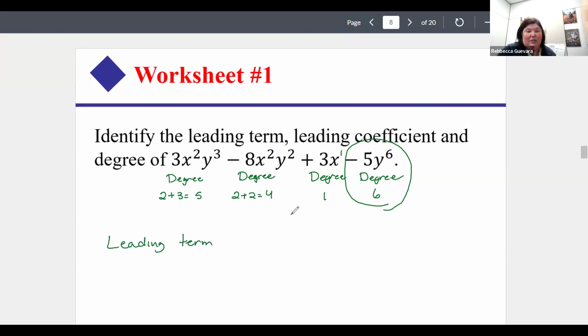So when you write that leading term, if it's positive, then we really use it as a positive. If it's subtraction like this, we take that with it. So the leading term would be the negative 5y to the 6th. Leading coefficient would have to be the negative 5.